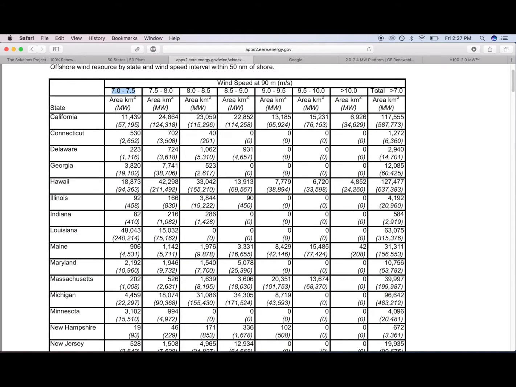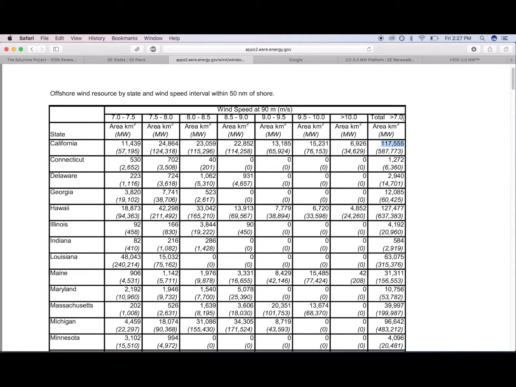And if you come over here to the total of all the different wind resources above 7 meters a second, you can see that just offshore you can be generating 117 gigawatts.